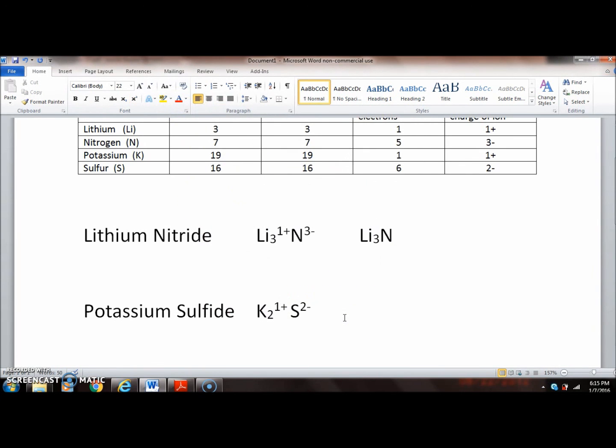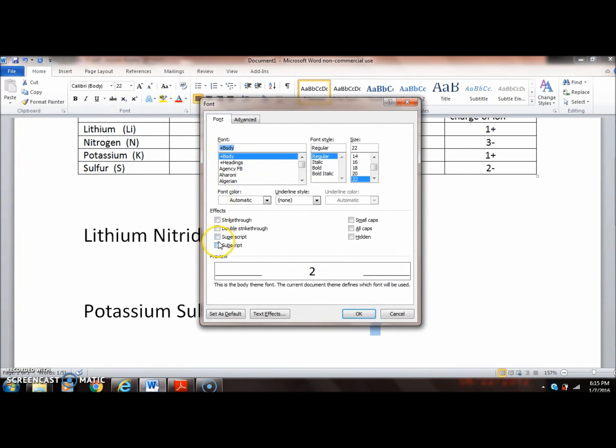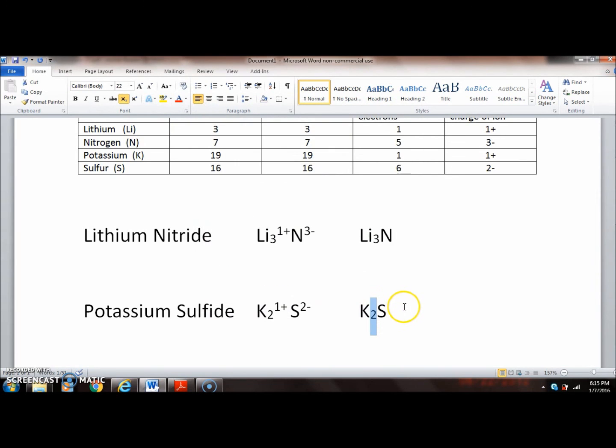So our final chemical formula is going to look like this. It's going to be K2S. So one molecule of potassium sulfide, its chemical formula would be K2S. 2 atoms of potassium and 1 atom of sulfur. And that's how you do ionic bonding and figure out how to write chemical formulas for ionic bonds.